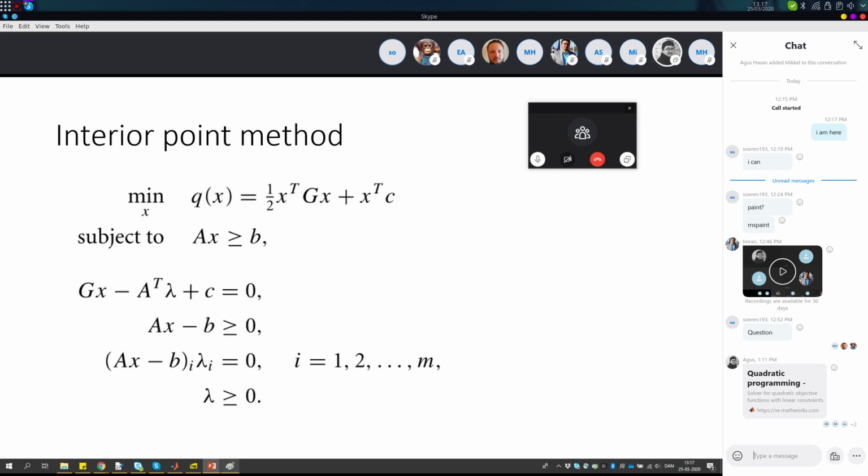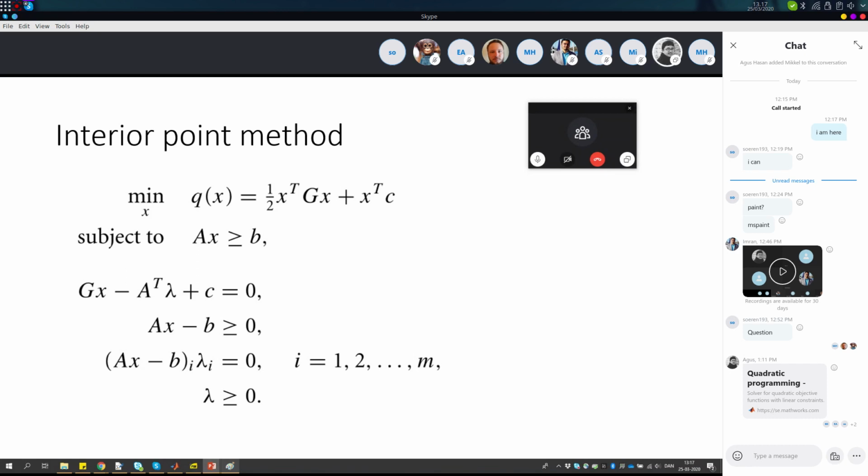Okay. So first, if we have this kind of optimization problem, you want to minimize the objective function subject to inequality constraints, and then you can calculate the KKT conditions, which are given here. The first KKT condition is when you take the first derivative of the Lagrangian function equal to 0.